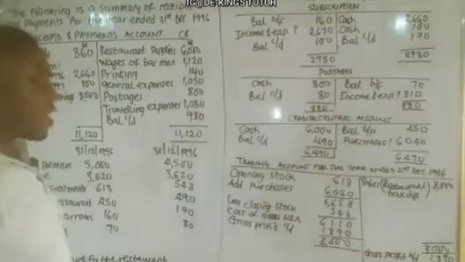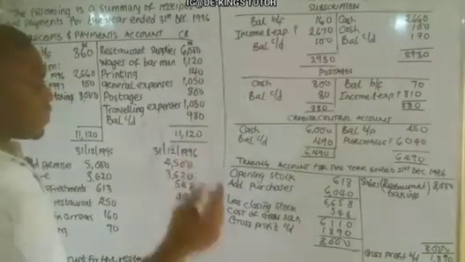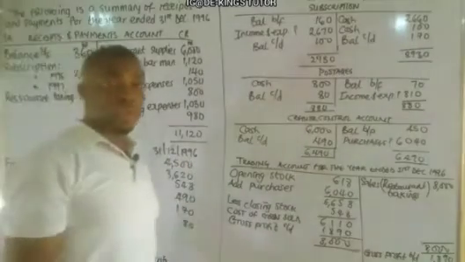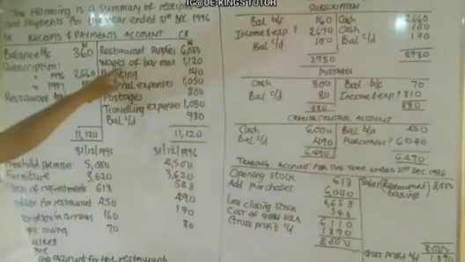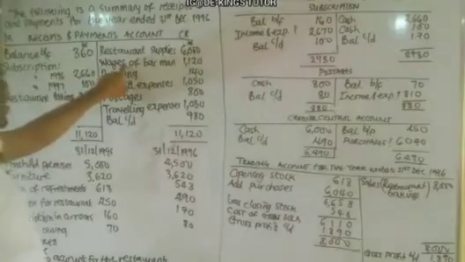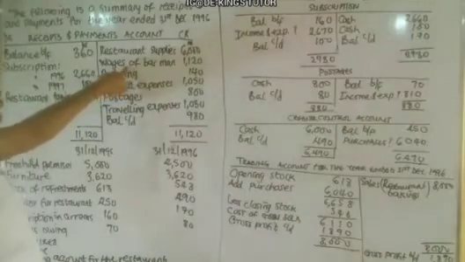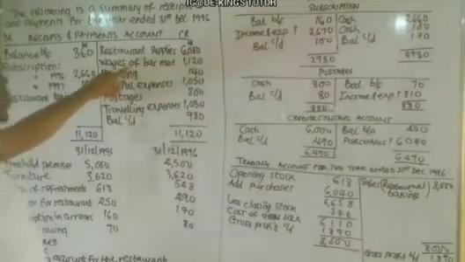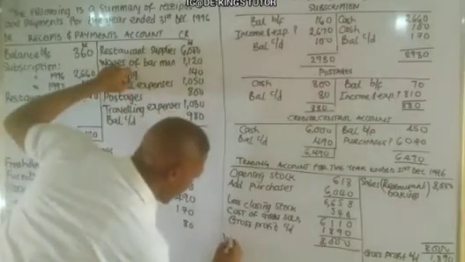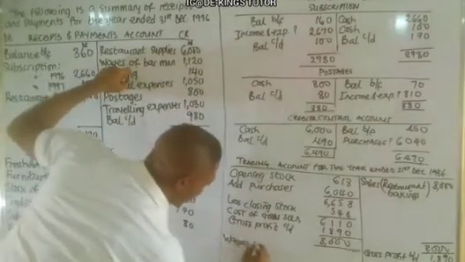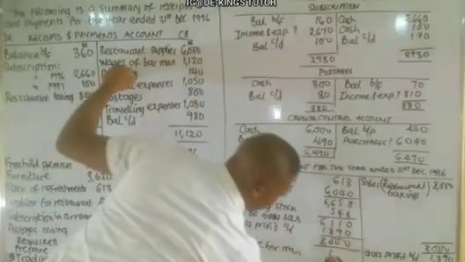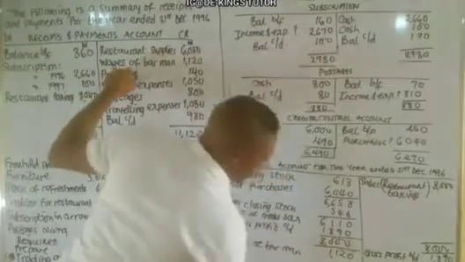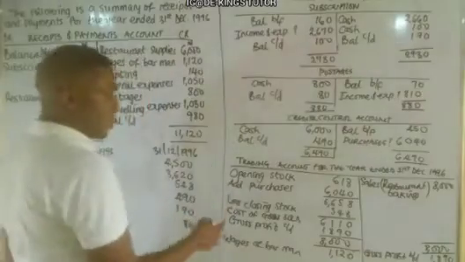So I want to get the net profit for this so that it can be moved to the income and expenditure account. So if you watch here, we have wages of barman. Okay, this is the expense of the man that serves in the restaurant. So it should be paid here. Wages of barman, which is 1,120. So that's the only expense for the restaurant.